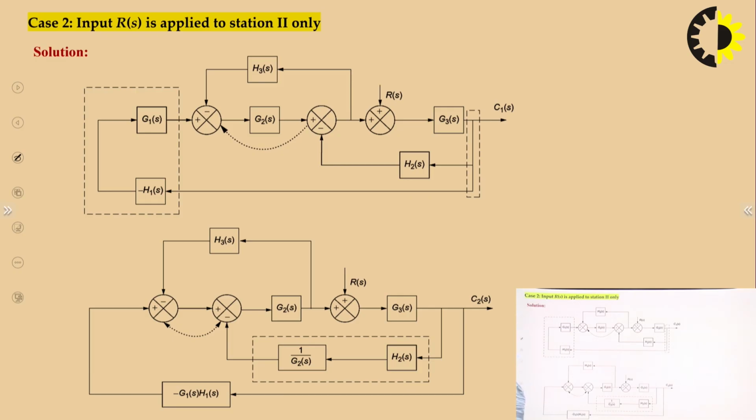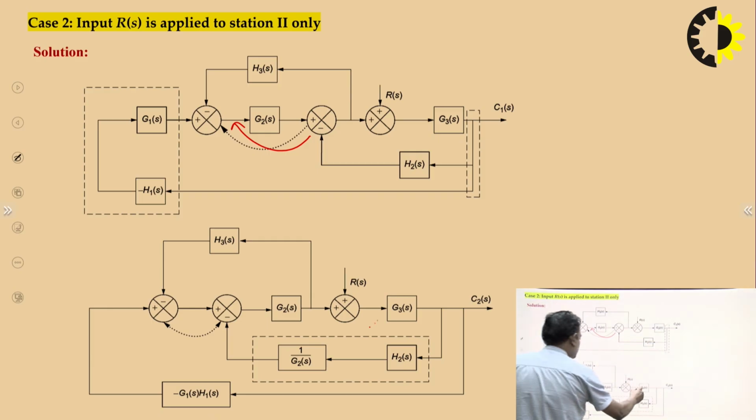Okay. And now, what we are doing is shifting this summing point before this block G2. Before this block G2, so when we are shifting this block before G2, then you can see the gain is H2S. So it will get multiplied by 1 by G2S or divided by G2S.